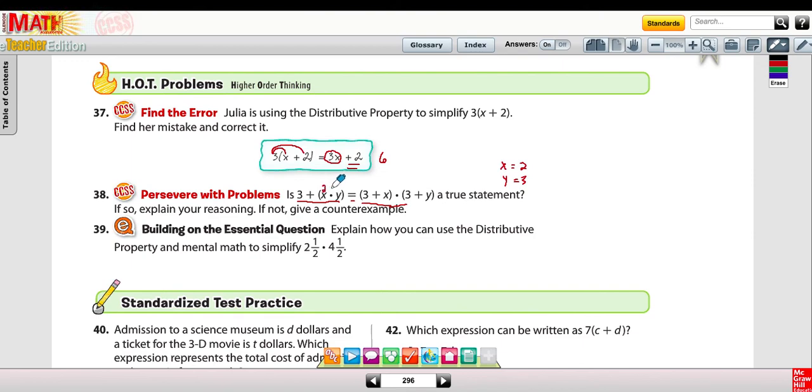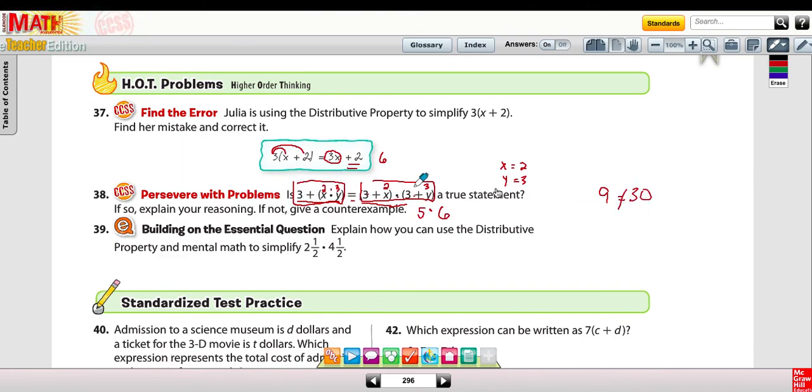So let's simplify this side of the equal sign by doing parentheses first. 2 times 3 is 6. 6 plus 3 is 9. On the right side, if we simplify, we have 3 plus 2, which is 5, times 3 plus 3, which is 6. 5 times 6 is equal to 30, so they do not equal each other.